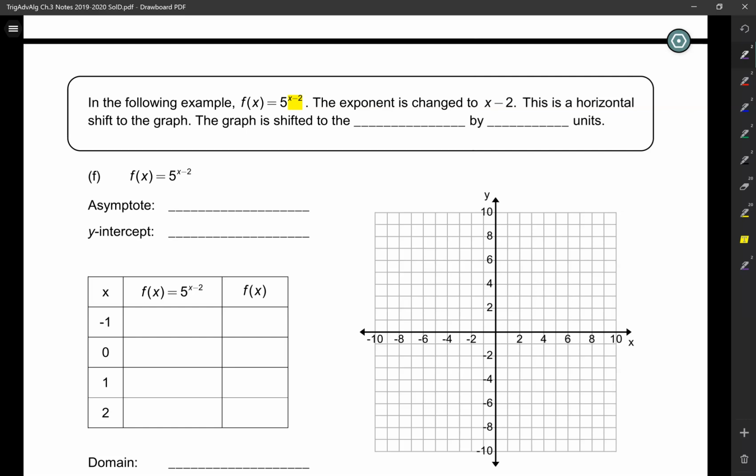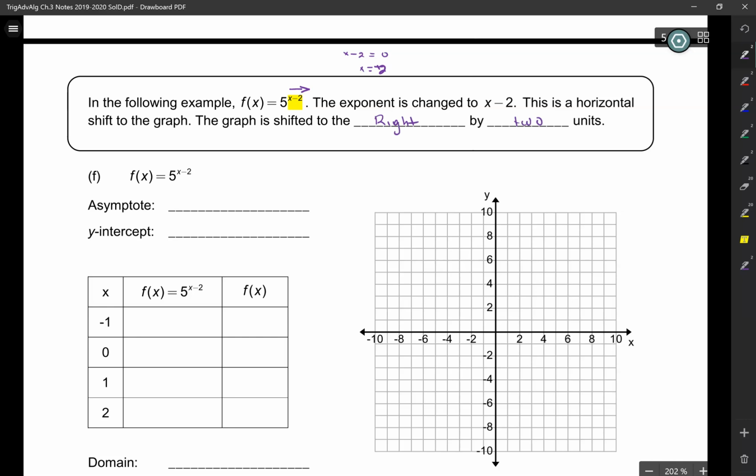So, does this move to the left or to the right? To the right. Okay, so after a change is made to the x, you go in the opposite direction of the sign, right? Why? Because technically in the background, it's x minus 2 equals 0, x equals plus 2. So this graph has been shifted to the right by 2 units.